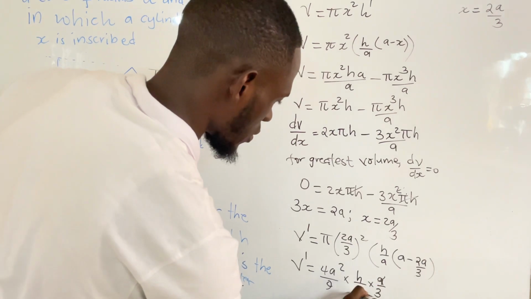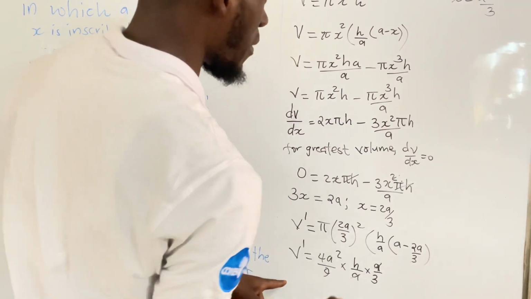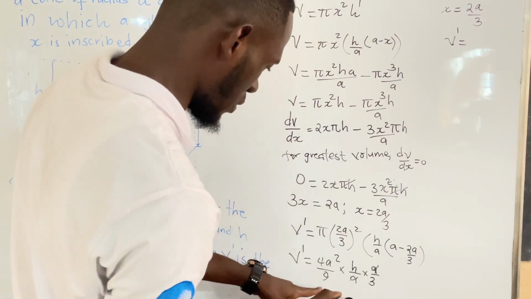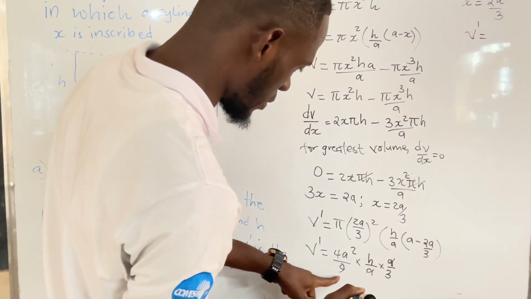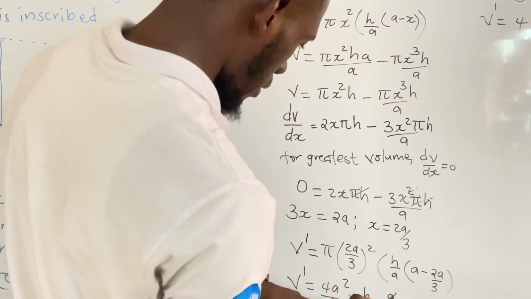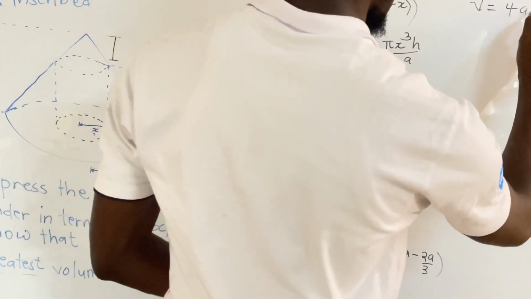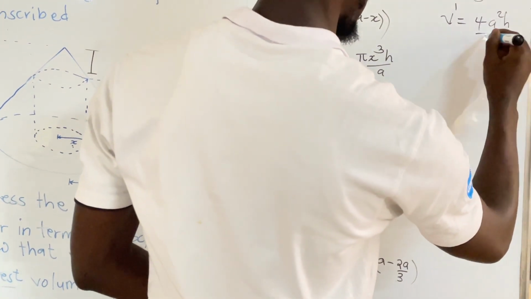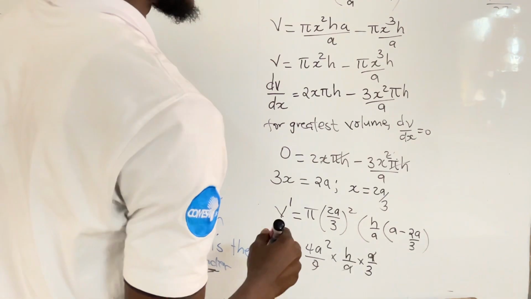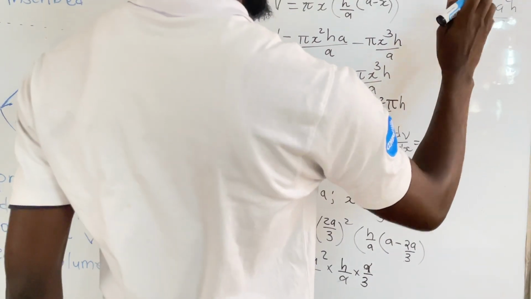So this a cancels with that a, and our V prime that we have established now becomes 4a squared h over 3 times 9, which is 27. So this is what we have got.